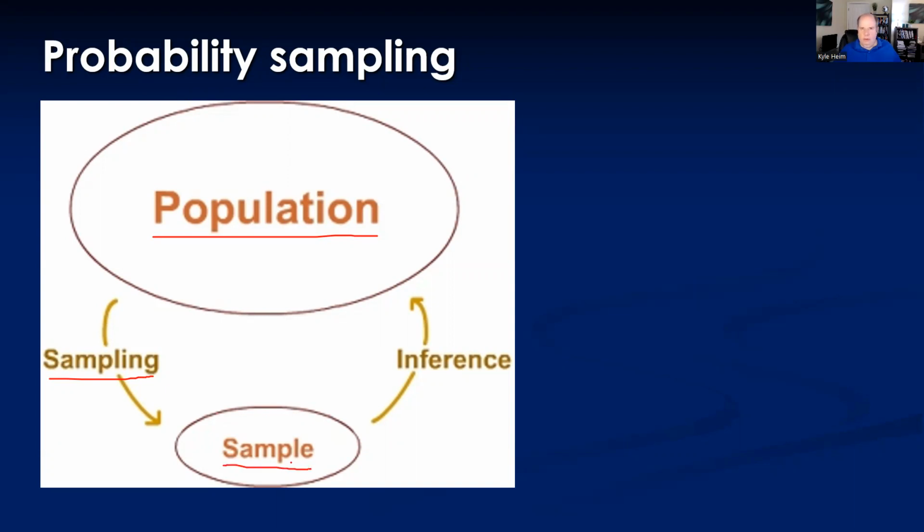And then you administer your survey or whatever research method it is to that sample. And then if it is a probability sample, at the end, after you've tabulated your results, you can make an inference. You can make a generalization about the overall population based on what you have found to be true in your sample.